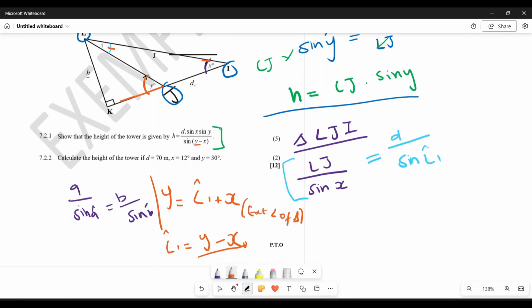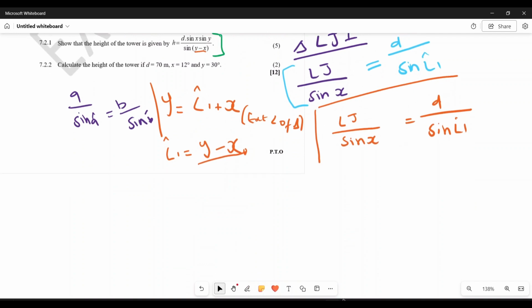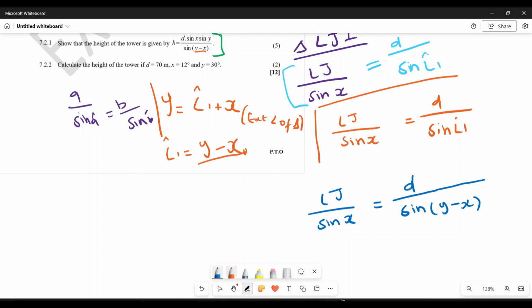As you could see, I have something like that here, meaning that I'm in the right direction. So now let me rewrite this very well here. Now I have solved for my L1. So basically LJ over sine X, remember, I'm trying to solve for LJ, is equal to line D over sine of Y minus X. And now what would be the next step from here?